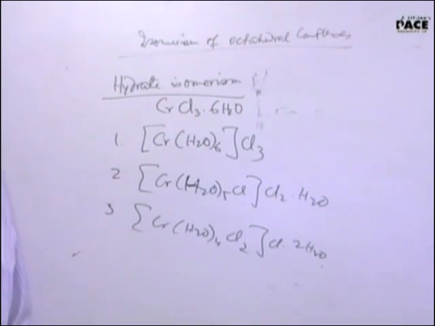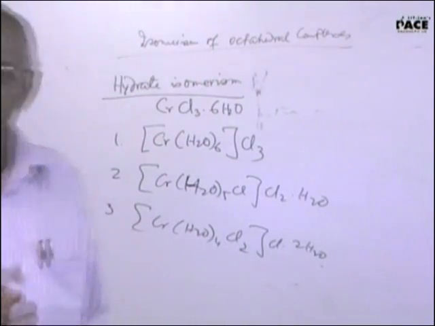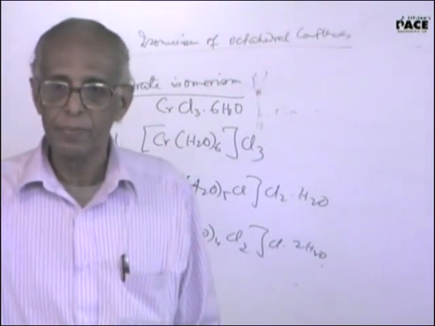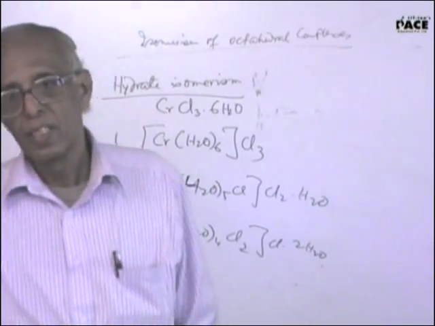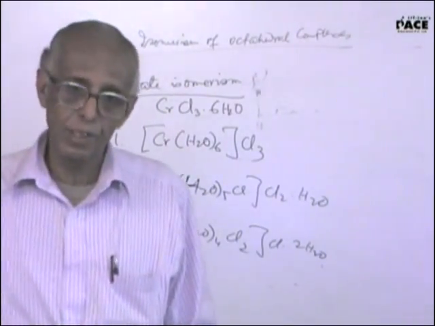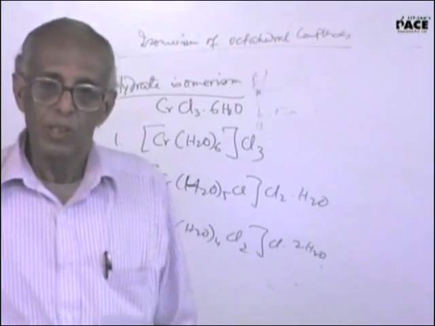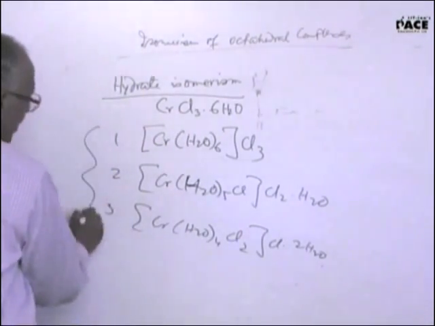In the second case, 5 are in the coordination sphere and 1 in the ionization sphere. In the third case, 4 are in the coordination sphere and 2 in the ionization sphere. So they are called hydrate isomers.